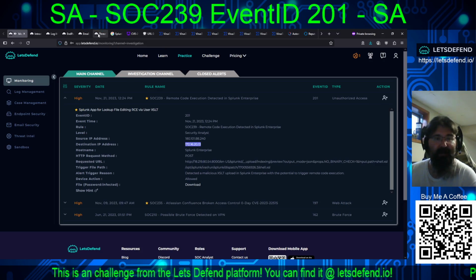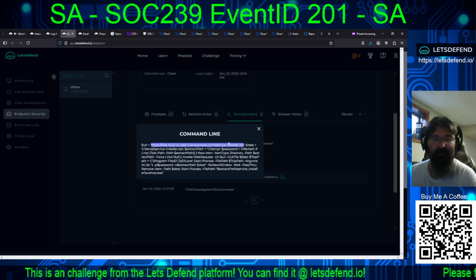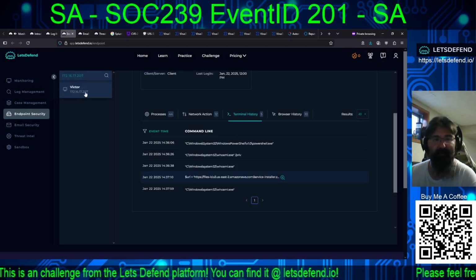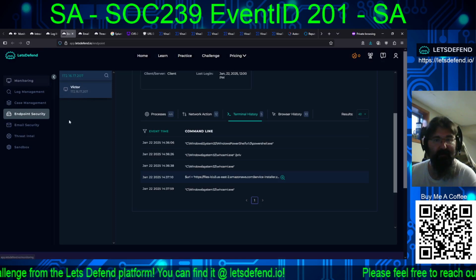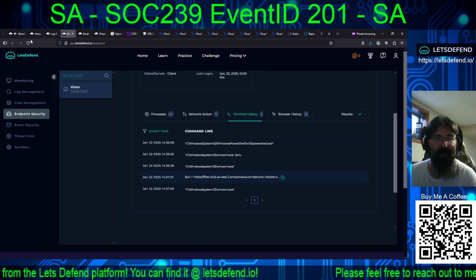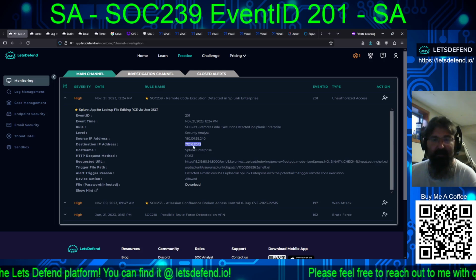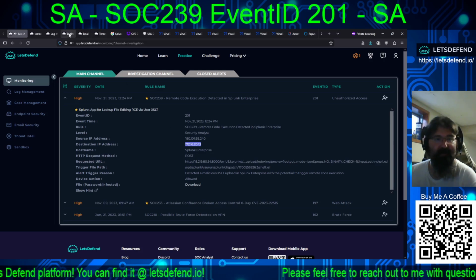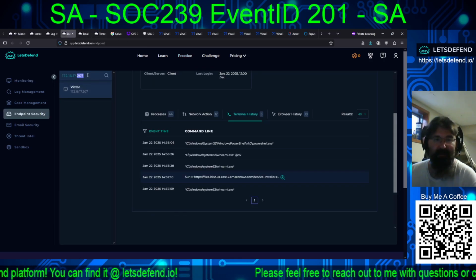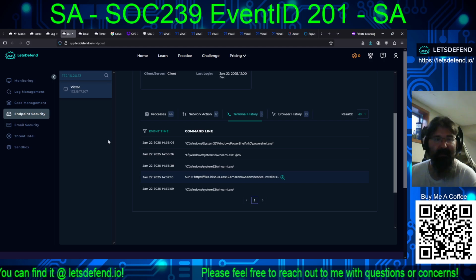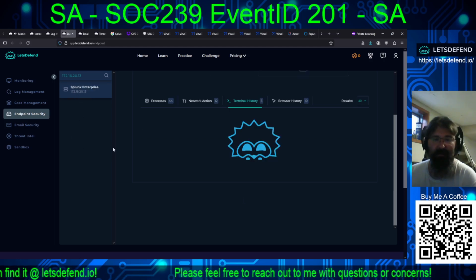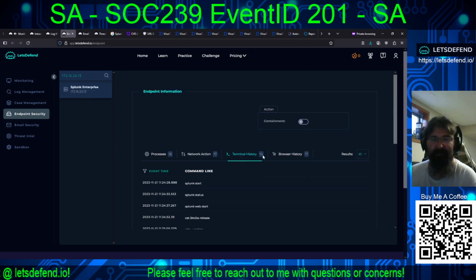And if we take a look at the endpoint, yeah, I was looking at a different case to spin up, but that will probably be the next one after this. I think it ended up being a medium. Okay, Splunk Enterprise, we get all that good stuff.